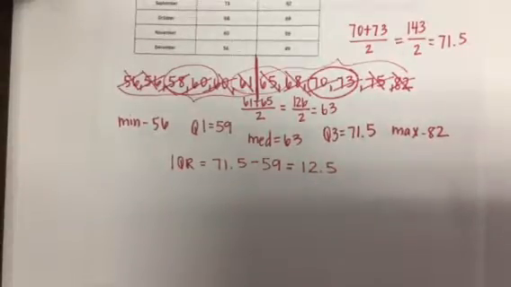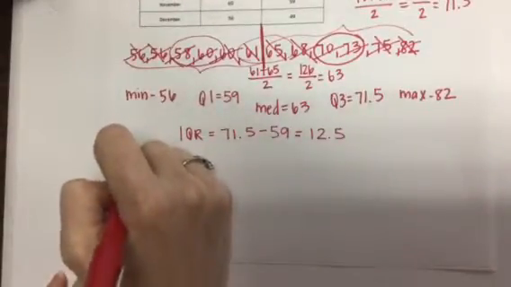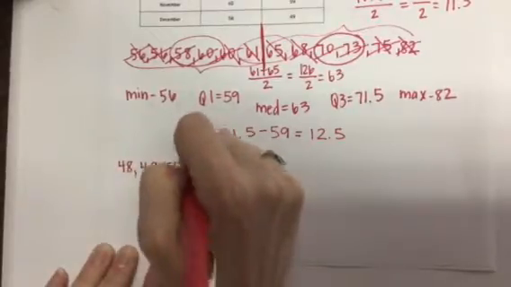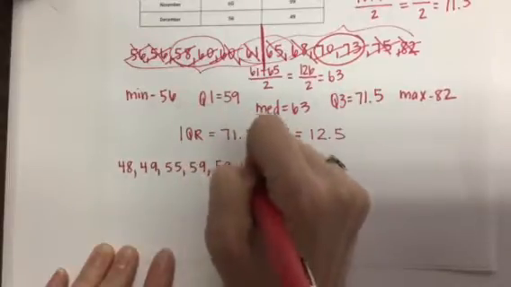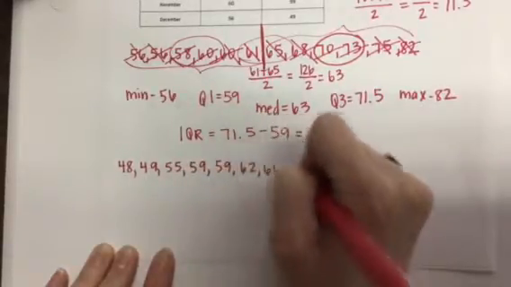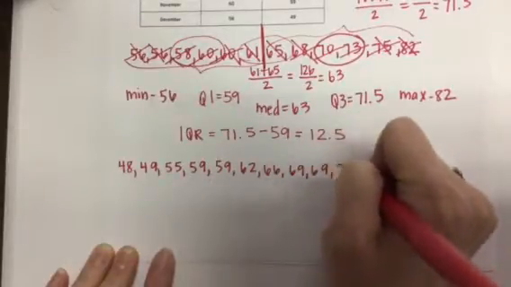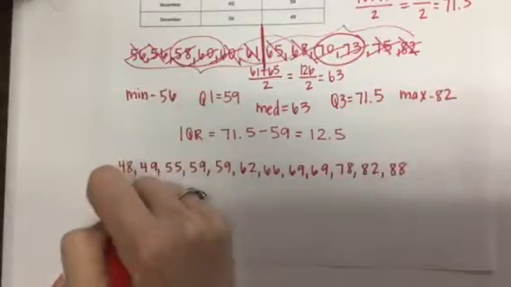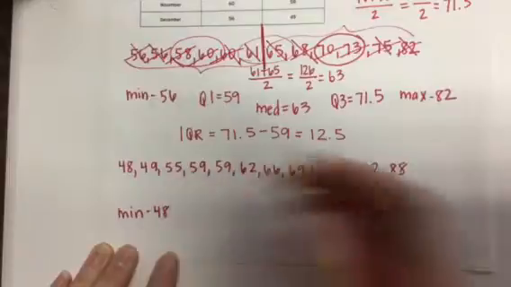I'm going to repeat that process with the Balsano averages. So once again, I'm going to write the numbers in order from least to greatest. And I can see that my minimum is 48.